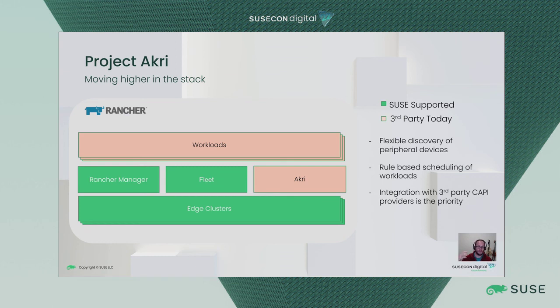For Fleet, we also have Fleet. Fleet can give you a very nice way to do the deployments to each of the clusters in a very flexible way, where you can have many-to-many relationships between things being deployed and the targets. And then we can actually start using Fleet to deploy Acri, so you can give a very, very seamless integration there.